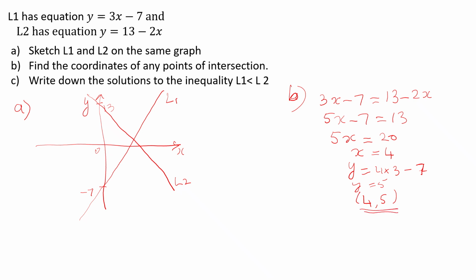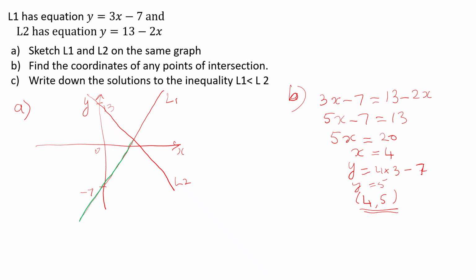And the third part, write down the solution of the inequality L1 less than L2. So this is L1 less than L2, so below the L2 line.